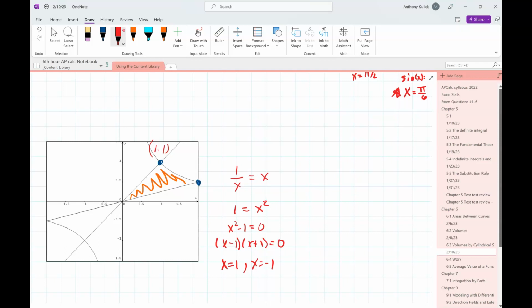And then I do the other one where 1 over x has to equal 1/4 x. So 4 is equal to x squared. So this would be the point 2, 1/2 then.